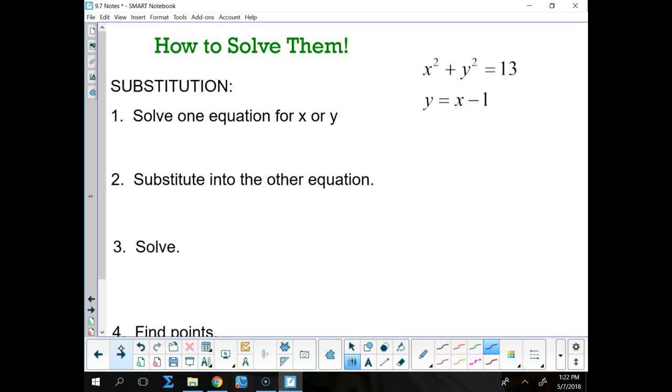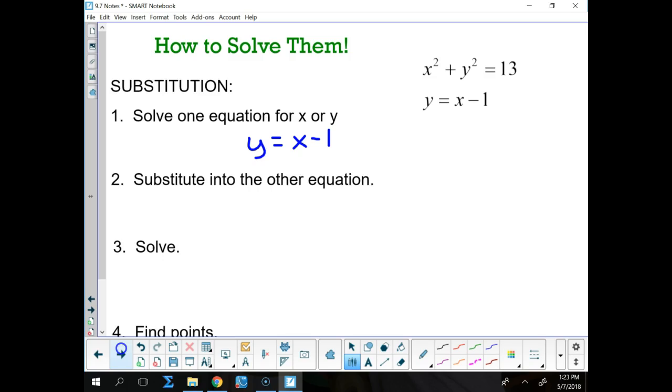Looking at those 2, which one's going to be the easiest one to solve for? The second equation for y. Why is that the easiest one? It's already done for us. Don't make it harder on yourself. Take what we gave you.